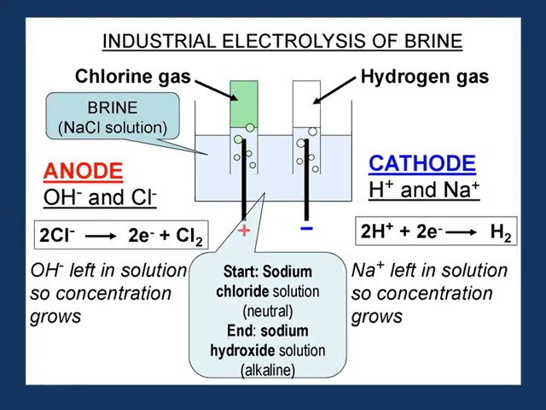The hydroxide ion and sodium ion, being oppositely charged ions, get attracted and form sodium hydroxide solution, which is an alkali, at the end or near the cathode.